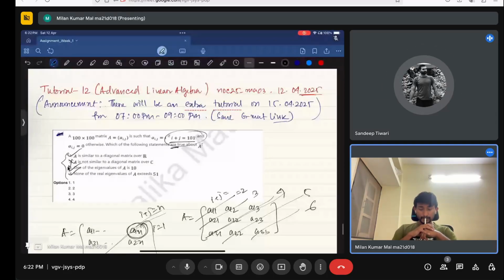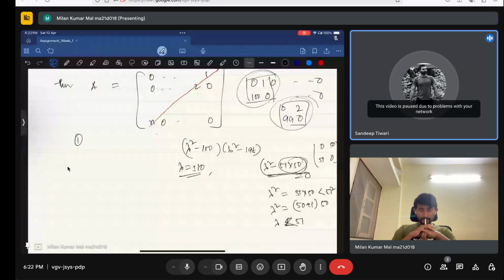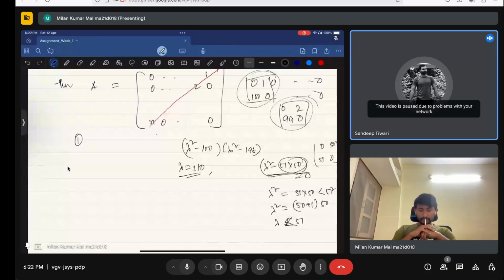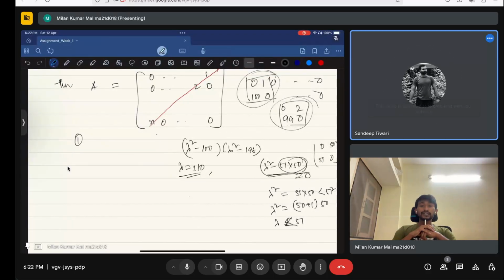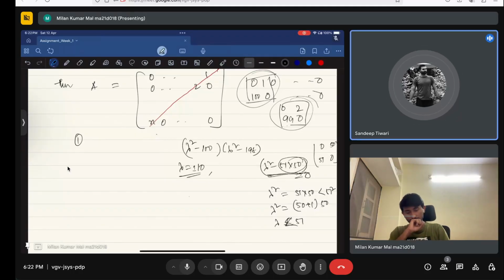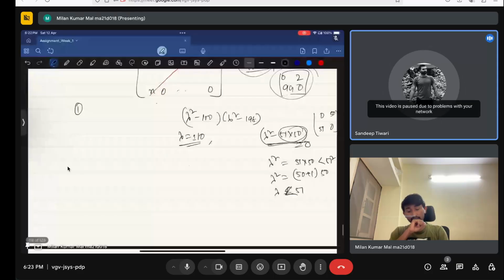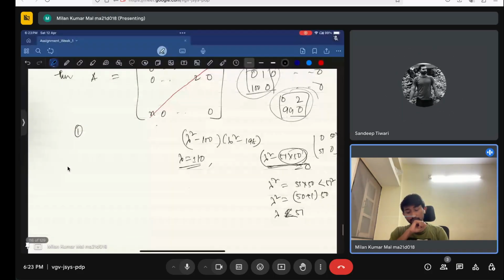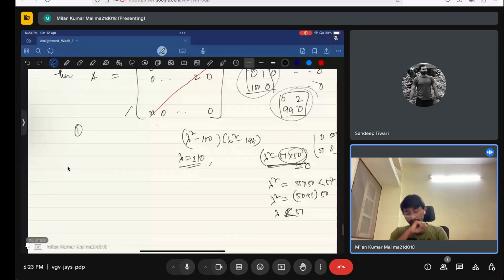I understand, but if we take S as E1, En, E2, En minus 1, where E1 is the column 1, 0, 0 and En has 1 at the nth place, we have to show that these two matrices are similar. That means there must exist a unitary matrix U such that A U U.